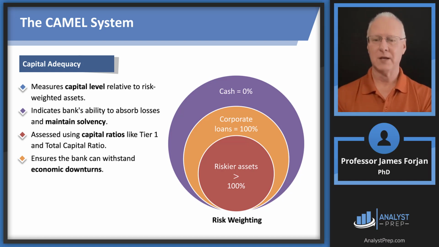So this concept of risk weighting is super important as we move through this particular chapter. But note that riskier assets can have a weighting of greater than 100%. This weighting scheme adjusts the financial statements, in particular the balance sheet.